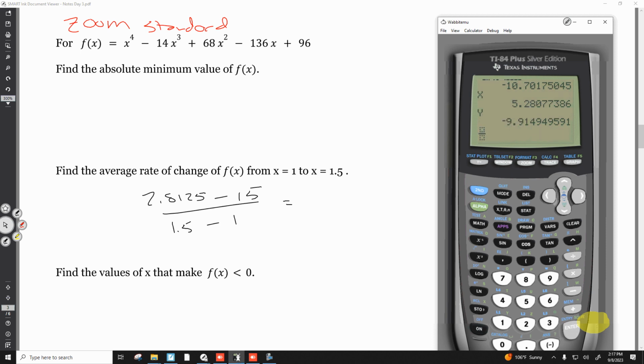Alpha F4 Y1 of 1.5, as long as you put parentheses, minus alpha Y1 of 1 over 1.5 minus 1. Boom. On average, I'm going down 24 Ys per X from 1 to 1.5. Cool? Nothing crazy?